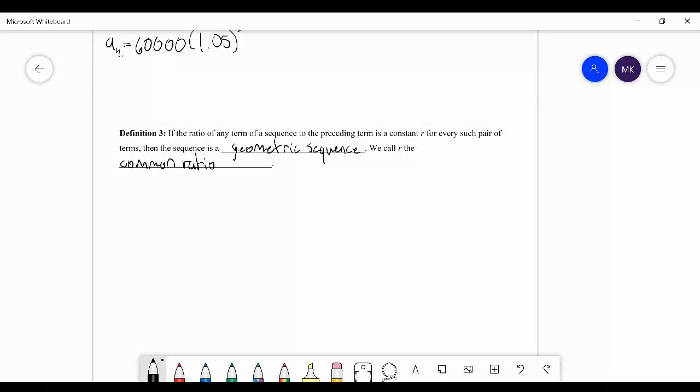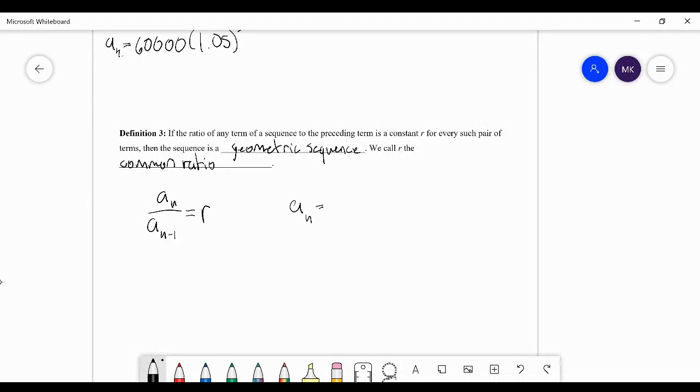So let's unpack this, the ratio of any term and its preceding term. What that's simply saying is if we take any term, a sub n, and take the ratio of that term to its previous term, if this equals a fixed constant value r, then that is a geometric sequence and the common ratio is that r value. What's really cool is it's a very simple equation.